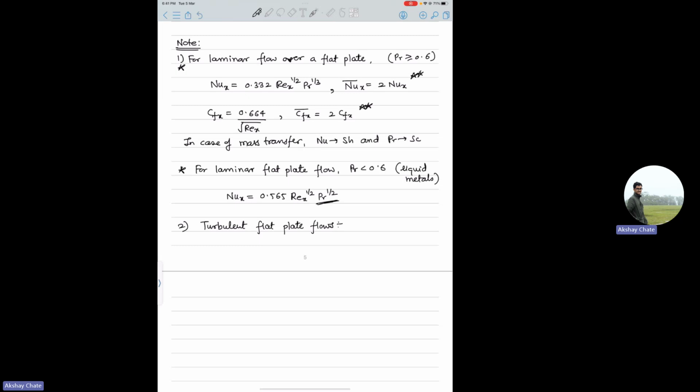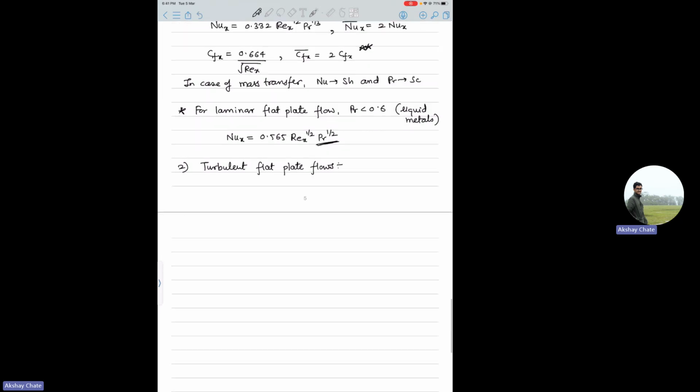So this is when your Reynolds number is higher than your critical Reynolds number. In this case your Nusselt number is 0.0296 Re_x to the power 4/5, Prandtl number to the power 1/3.